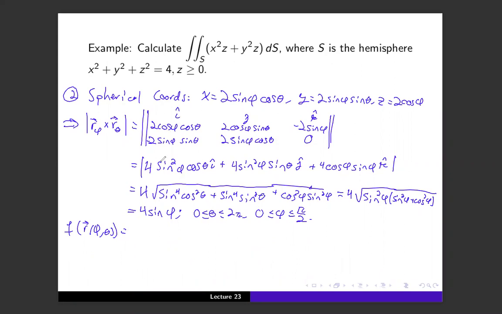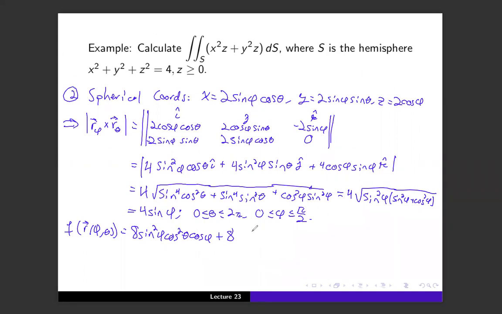The issue was x is 2 sine phi cosine theta. So in fact, f of r of phi theta is going to become 8 sine squared phi cosine squared theta cosine phi, plus, sorry, is it minus or is it plus?